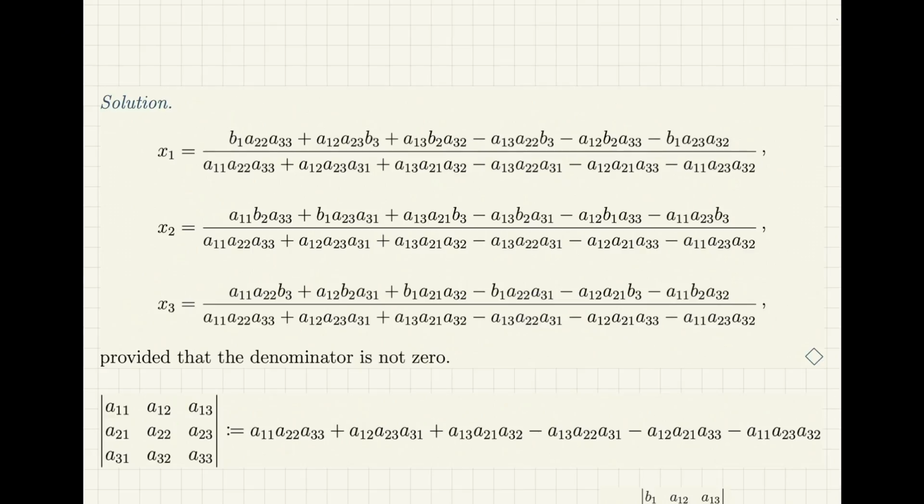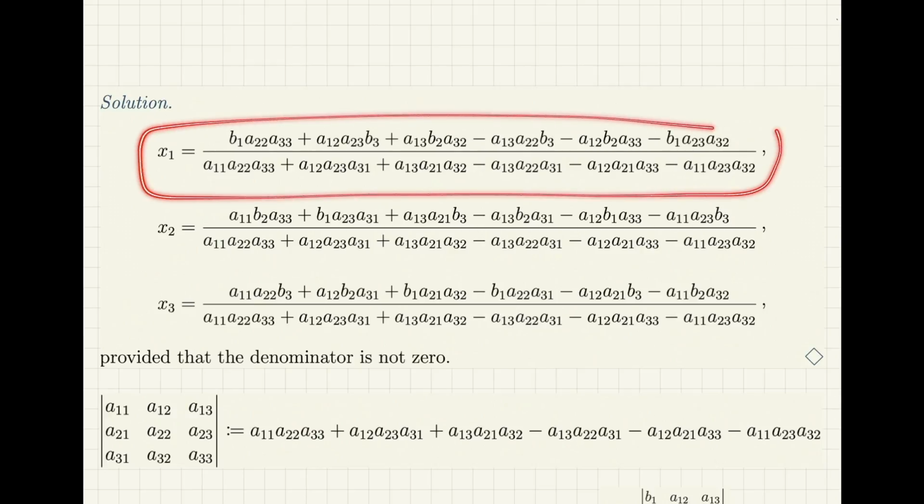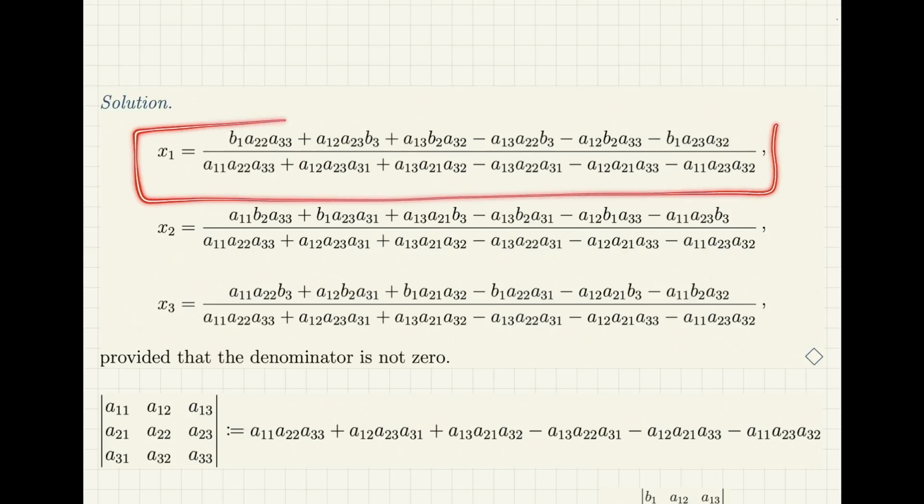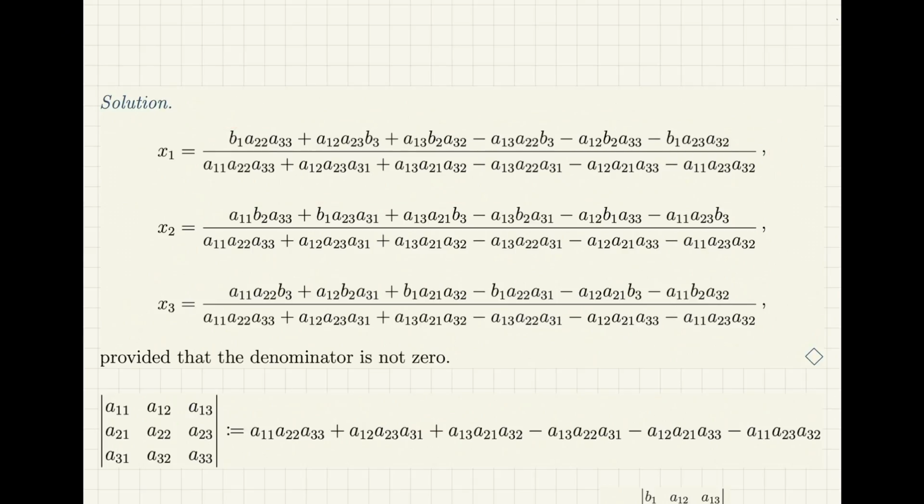To do this, let us have a closer look at the algebraic structure of each of these fractions. For definiteness, let us consider the case of x1, and let us compare its numerator to its denominator. Yes, we focus here on the first fraction.